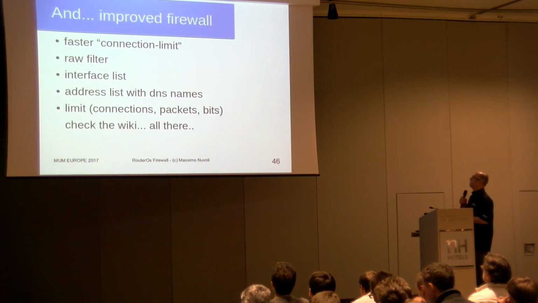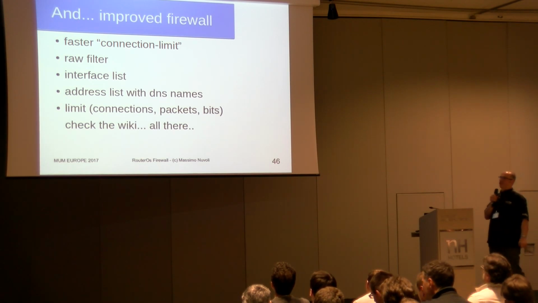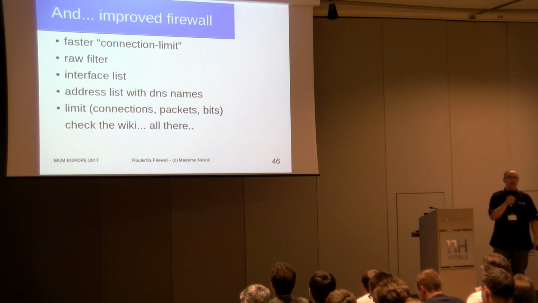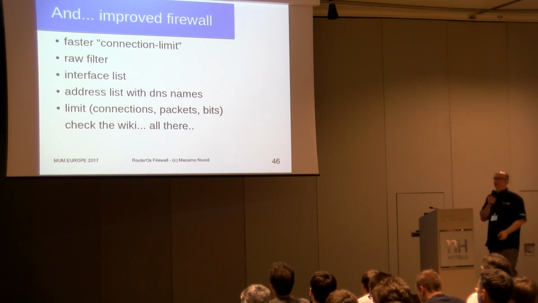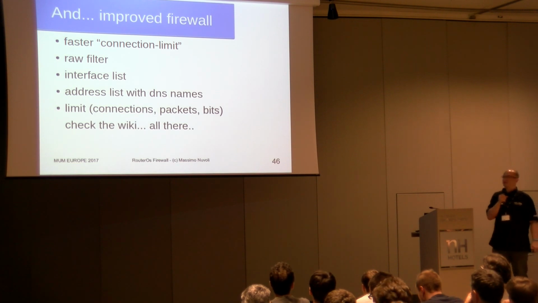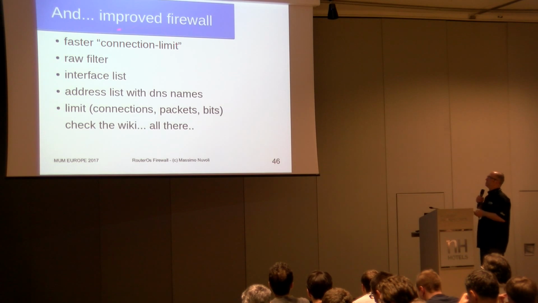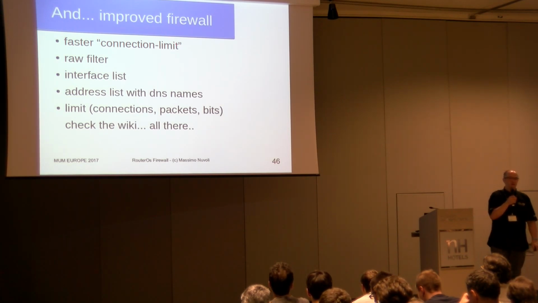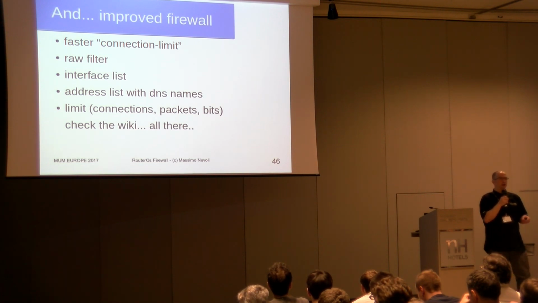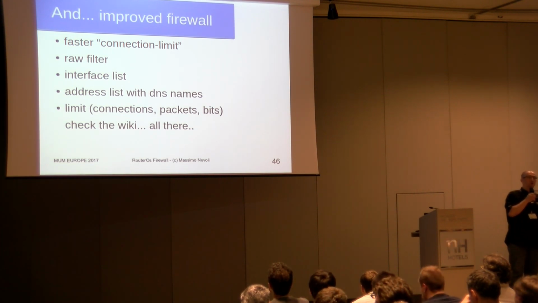Then, this is also a list of features that have been improved in the last year, because not all people use this kind of limits and features in RouterOS. This fast connection limit is a classification rule. You can check where there is too much traffic, too many packets, too many bytes going through one rule.